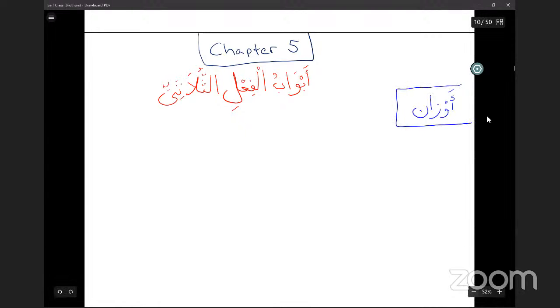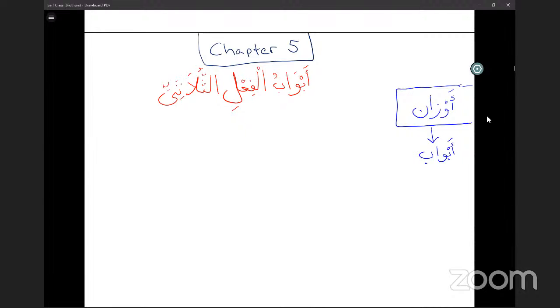If we were to open up the file of the awzan, know that the awzan has a smaller folder, which is called abwab. So the big file, just like on your computer, is the main folder, awzan. Then inside of the awzan, there is another folder, which is called abwab. You click on that, that opens up as well.